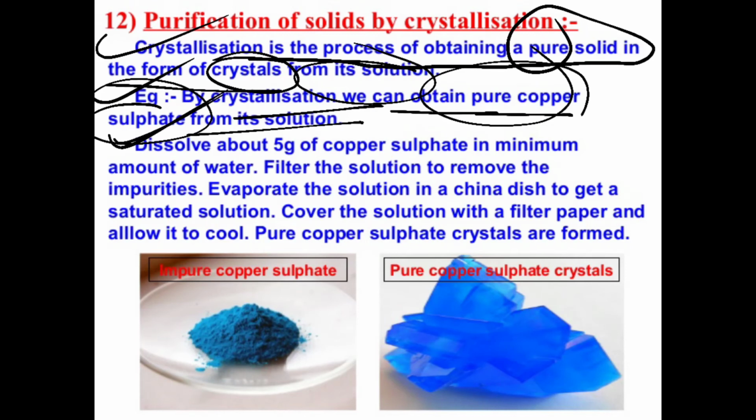We have to dissolve about 5 gram of copper sulfate in a minimum amount of water, right? Filter the solution to remove the impurities, right? Evaporate the solution in a china dish to get a saturated solution. Cover the solution with filter paper and allow it to cool. Pure copper sulfate crystals are formed.